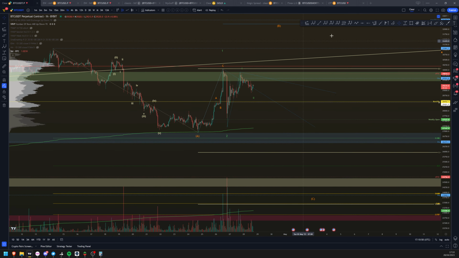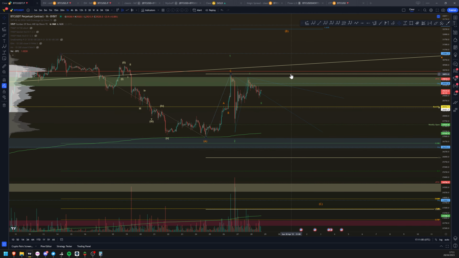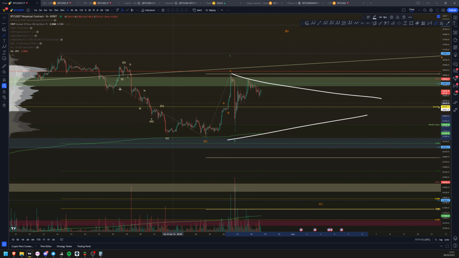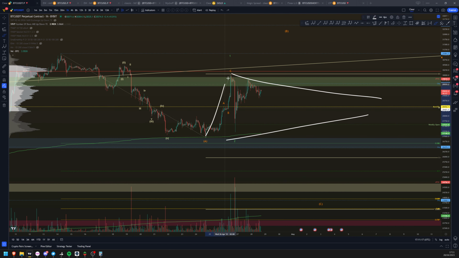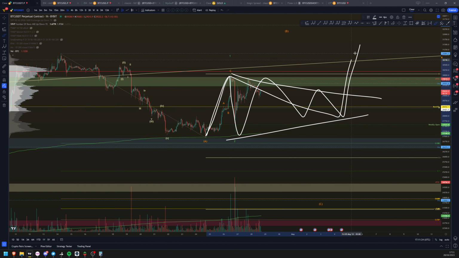Yeah, okay. So you're talking about the idea of the triangle, but instead of looking for a wave B triangle like this, you would be looking at an A, B, C, D, E, B. So like A, B, C, and to print a B here, and then the flat running or expanding.